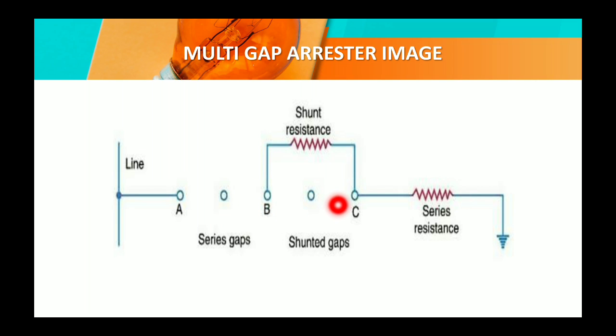You can see all the gaps, and here is the shunt resistance, and that is the series resistance, and those gaps are the shunt gaps, and those are the series gaps. And you can see here the line is earthed at that point. So that is the multi-gap lightning arrestor.